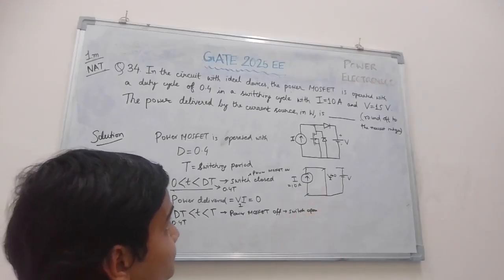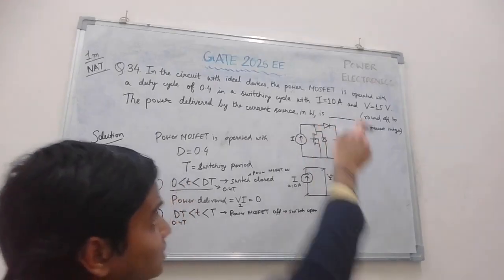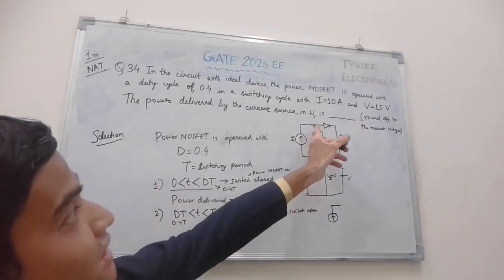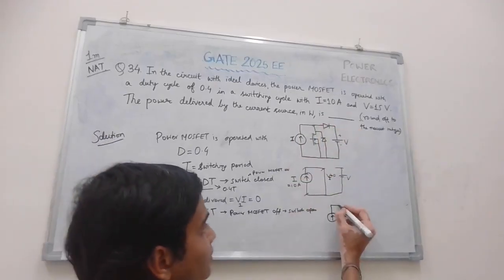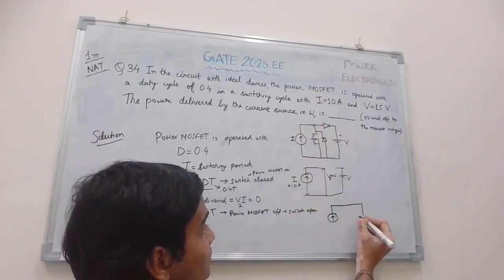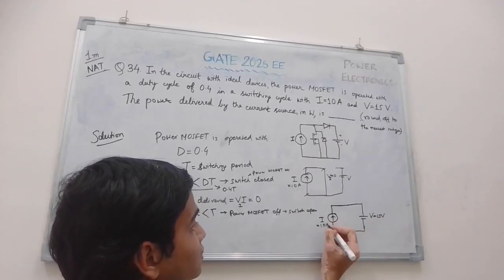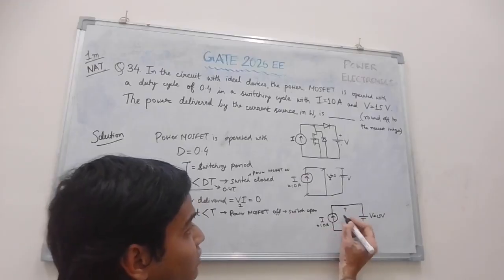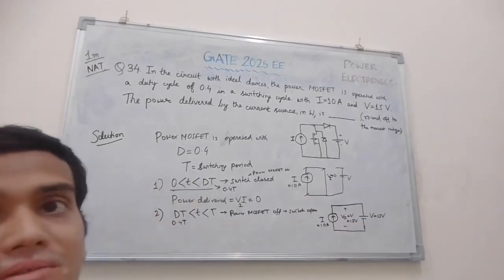Switch open means what? The current source and the diode become short because the current is being conducted in this direction, so this effectively short circuits the diode. The effective circuit will be like this. So V_I will be what? Voltage across the current source will be the same as V. It is 15 volt. Right.